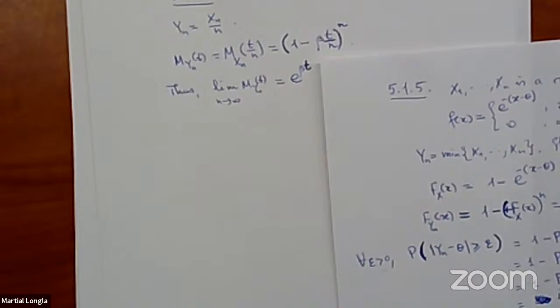What's the random variable that has moment generating function e to the beta t? Can you explain to me why? That's a question for everybody.